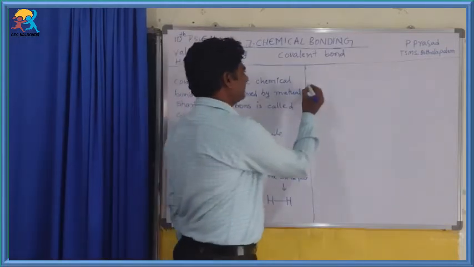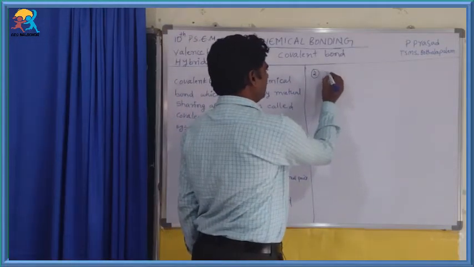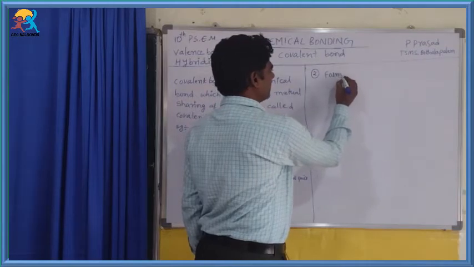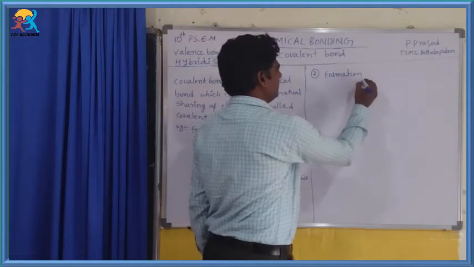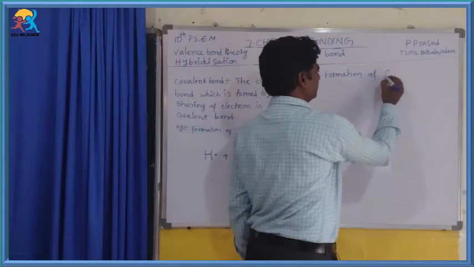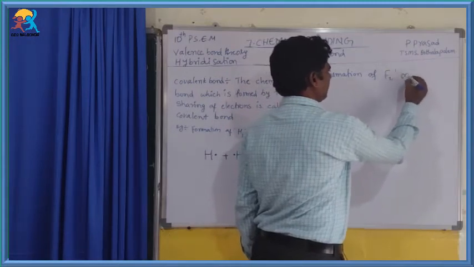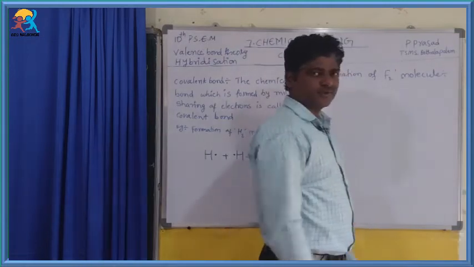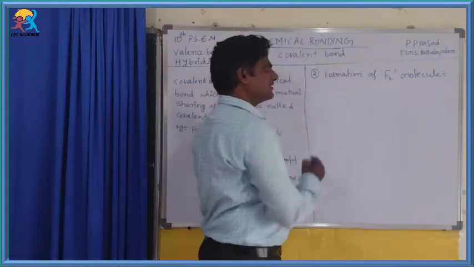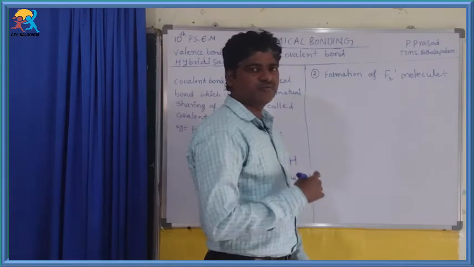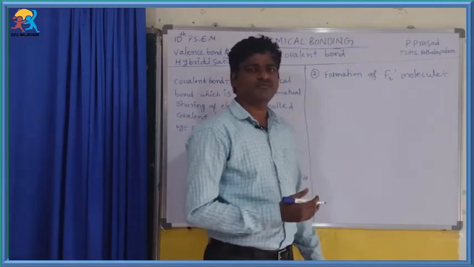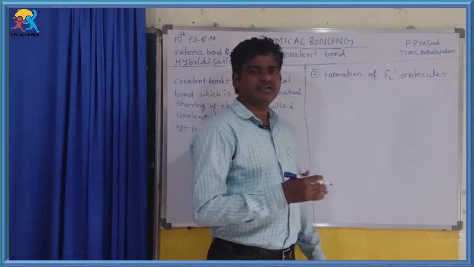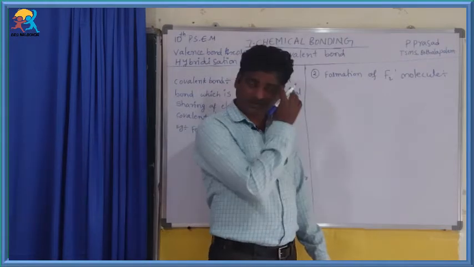Second example is formation of F2 molecule. What are the Lewis dot symbols of fluorine atoms? Fluorine belongs to group 7A, otherwise it has 7 valence electrons in the outermost shell.